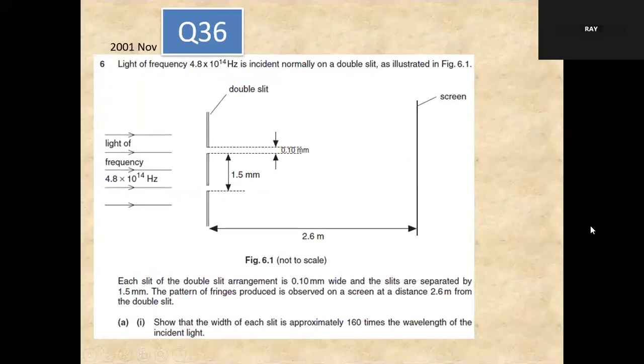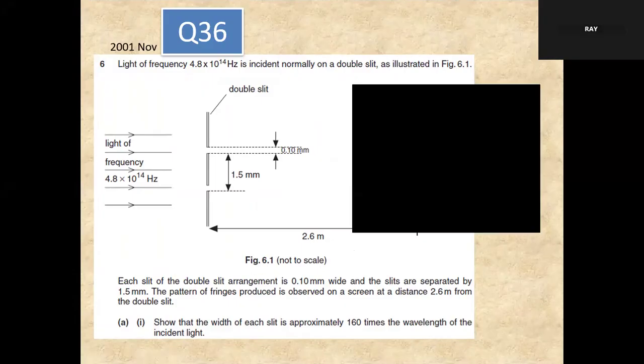Okay, have a go at this one. Frequency is given, the frequency of the light. This is your a, this is your capital D. Show that the width of each slit is approximately 160 times the wavelength of the incident light.